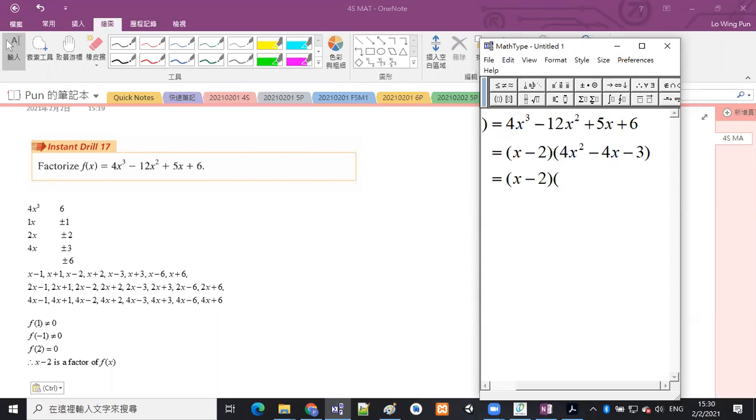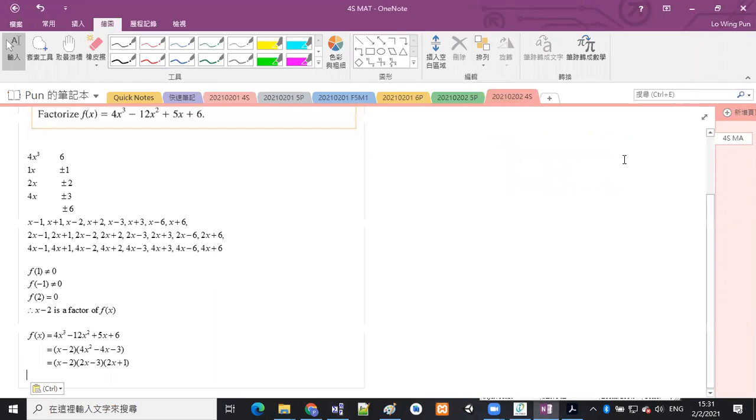I think it should be like this. Yes. To factorize a quadratic polynomial, you just use the cross method or use the formula, and then just build up the two brackets. So now we have successfully factorized f(x) into a product of three brackets.